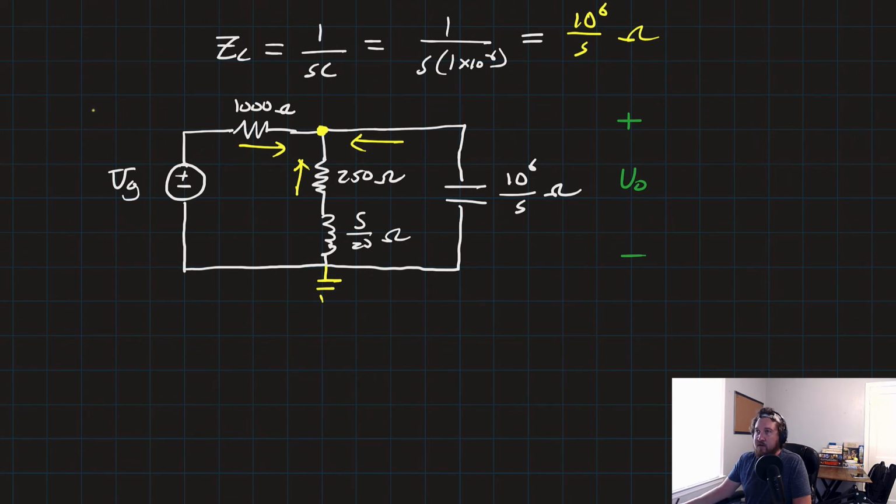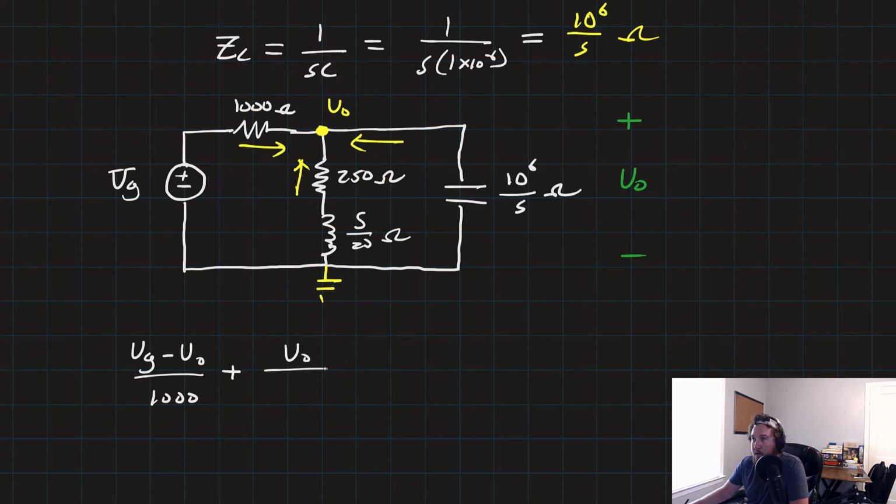So the voltage here at this node is actually what we're looking for, V naught. So the first equation is VG minus V naught over 1,000, plus V naught over the sum of 250 plus s over 20, plus V naught over 10 to the 6 over s.